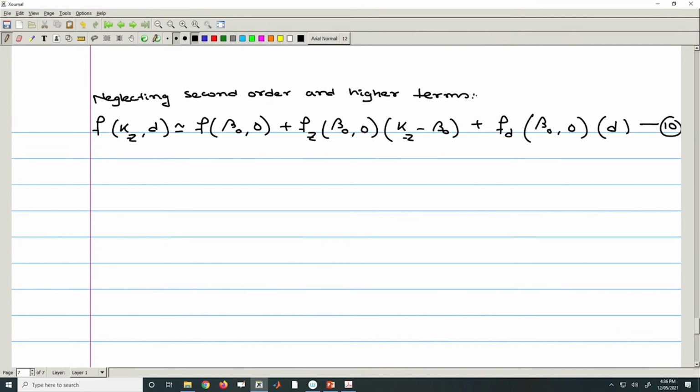So, now we will write, so first we will find out f of beta naught comma 0, then we will find out f_z at (beta naught, 0) and then f_d at (beta naught, 0). Okay. So, from equation number 9 we can see f of beta naught comma 0.